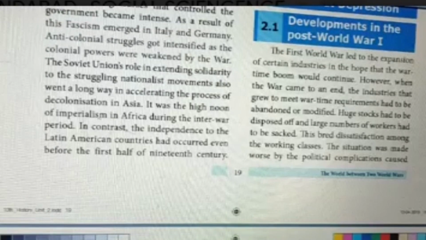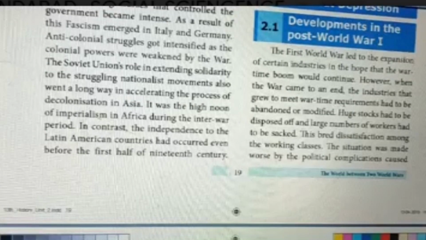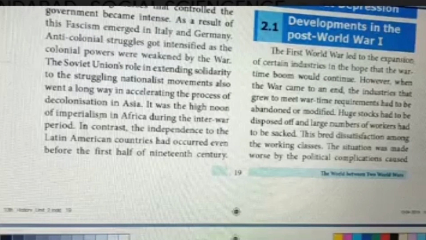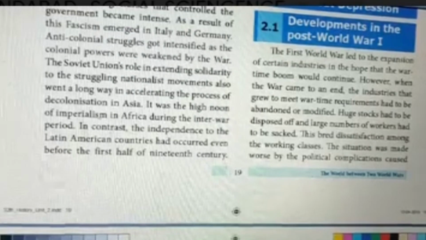The repressive clauses in the Treaty of Versailles caused acute discontent and hardships, and reactionary forces utilized this to spread the idea that socialists and Jews had let down the nation and even caused Germany's defeat. Germany's defeat and humiliation at the end of World War I caused a deep shock to the German people. The Great Depression further deepened the frustration and prompted them to turn against the Republican government.